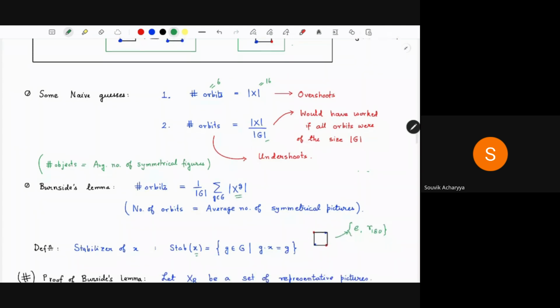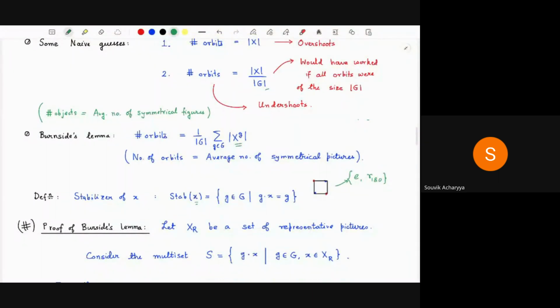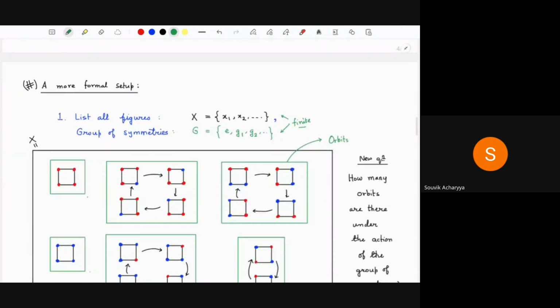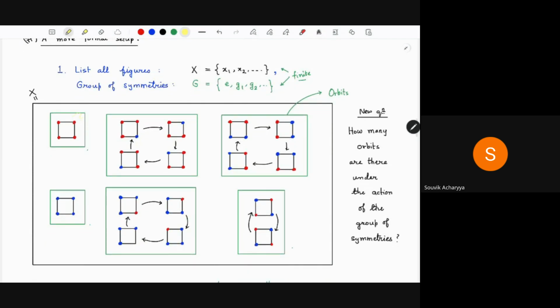All right. So now we proceed for the formal proof of Burnside's lemma, and the first step would be choosing a set of representatives. That is, from each of these orbits, pick one. Doesn't matter which one, just pick one.